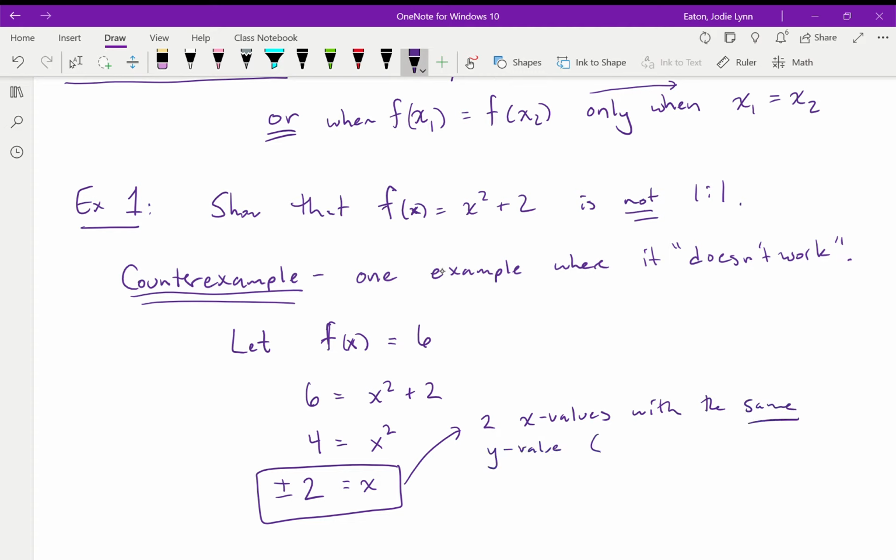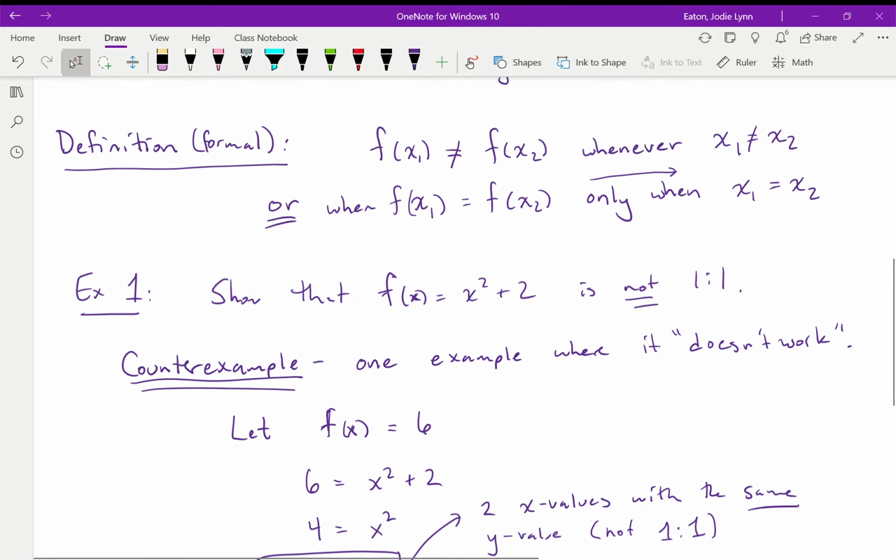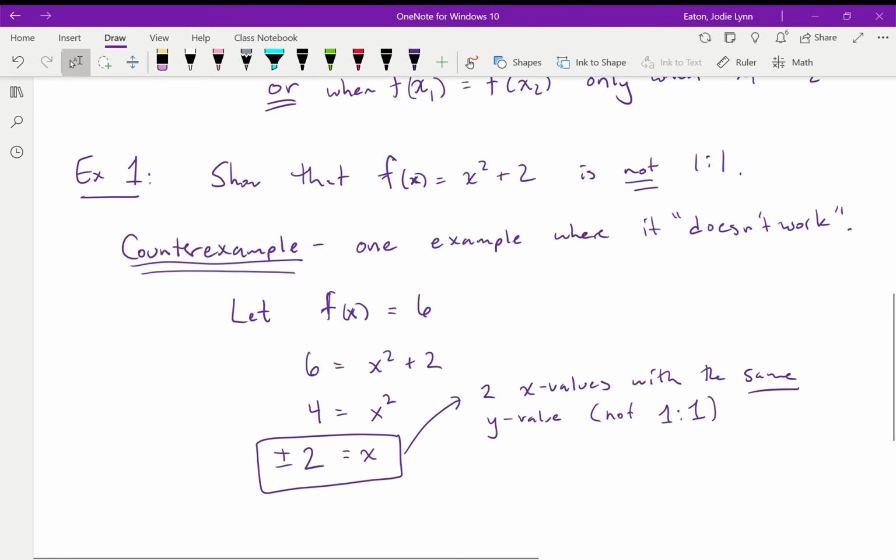So this is not 1-to-1, because we found an example where one y value gave us two different x values. If it were 1-to-1, we would be able to show that the two x values have to be the same.